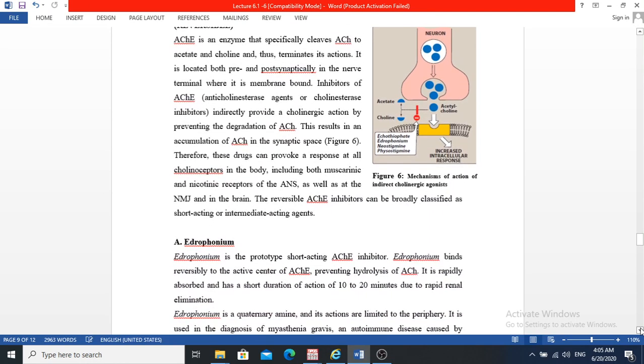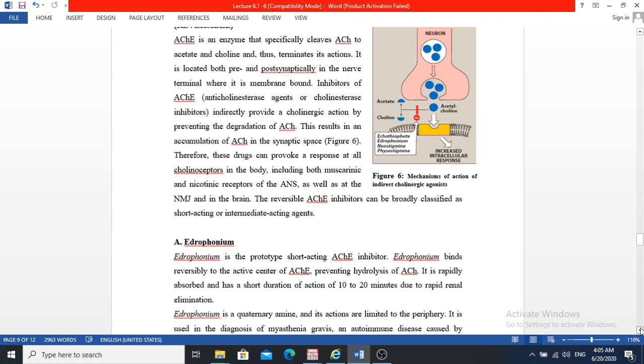These cause the inhibition of the acetylcholinesterase enzyme. The first one is edrophonium. Edrophonium is the prototype of a short-acting acetylcholinesterase inhibitor.